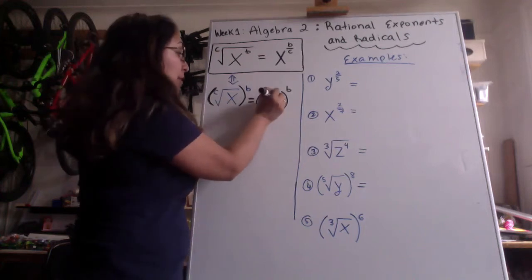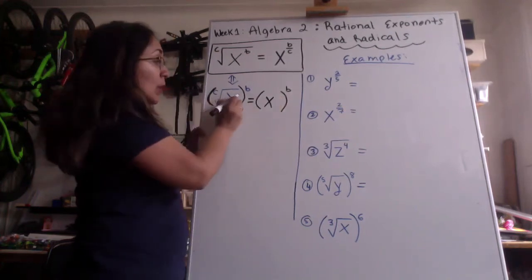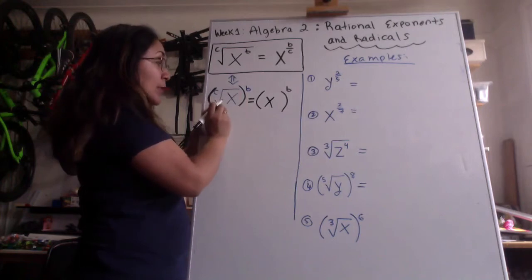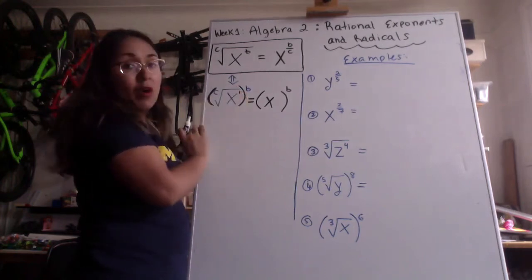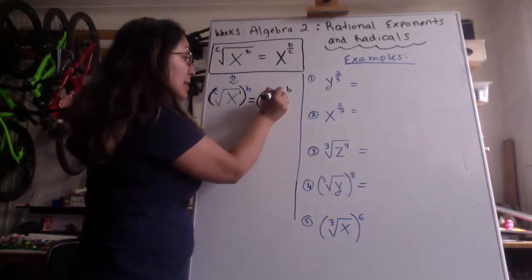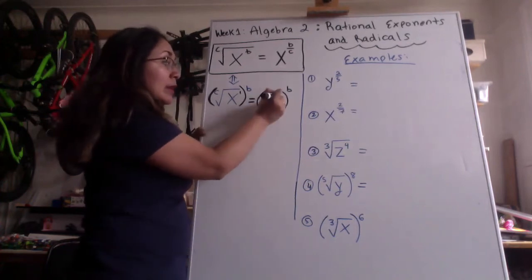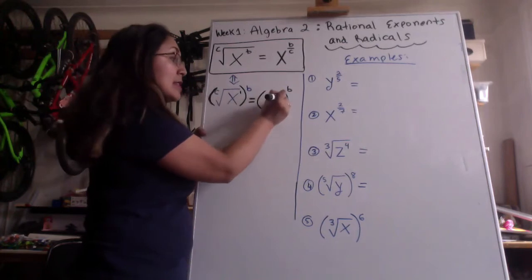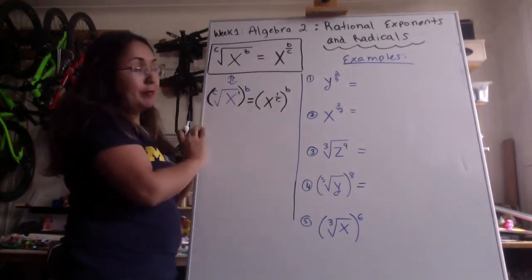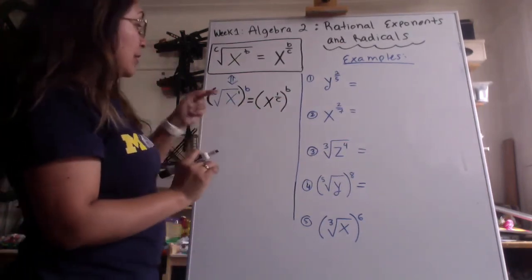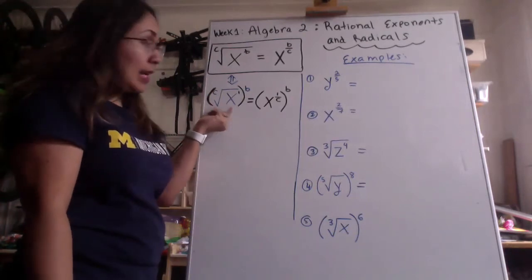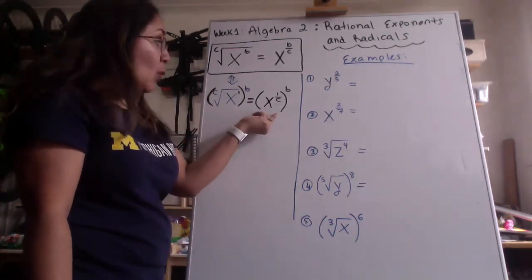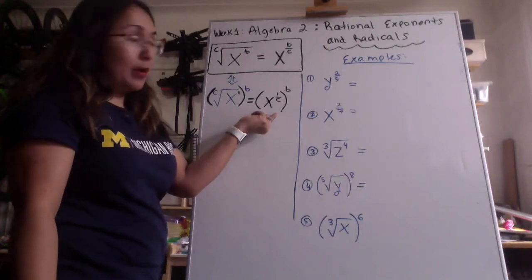So the base is the same. We know that there is no exponent, it's an invisible 1. So the exponent becomes the numerator 1, fraction, and the index is the denominator. So far we have this radical expression inside can be rewritten as x to the 1/c power.